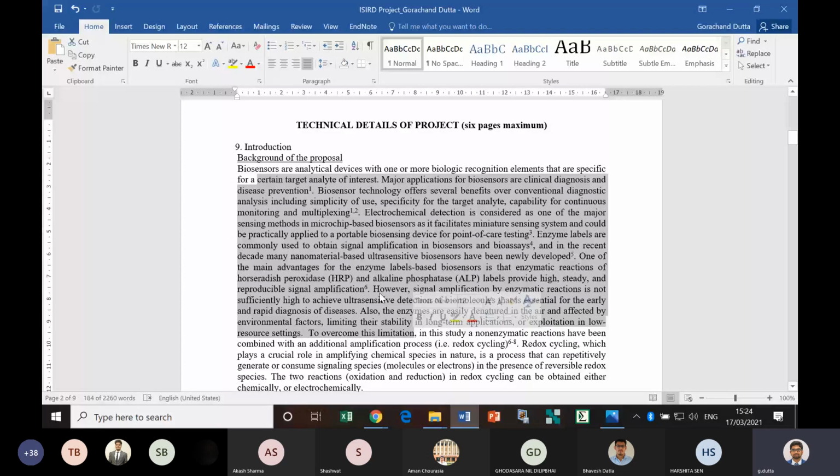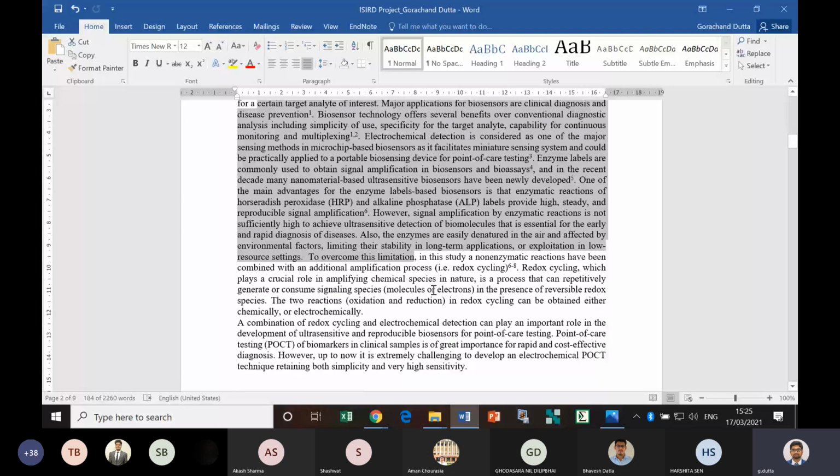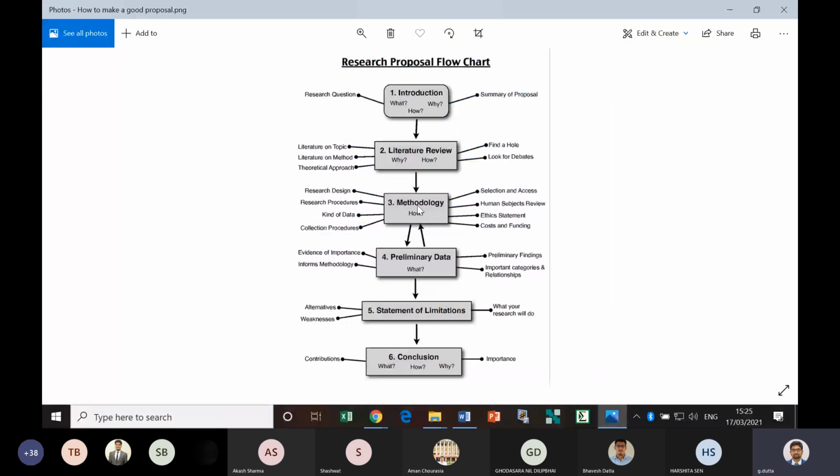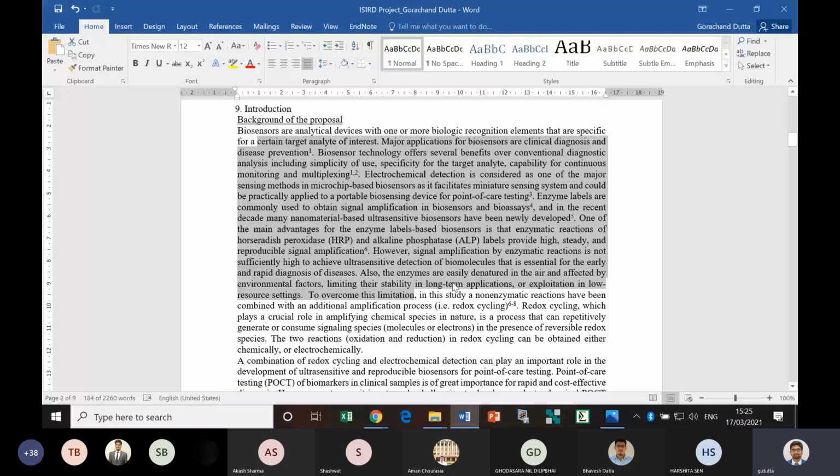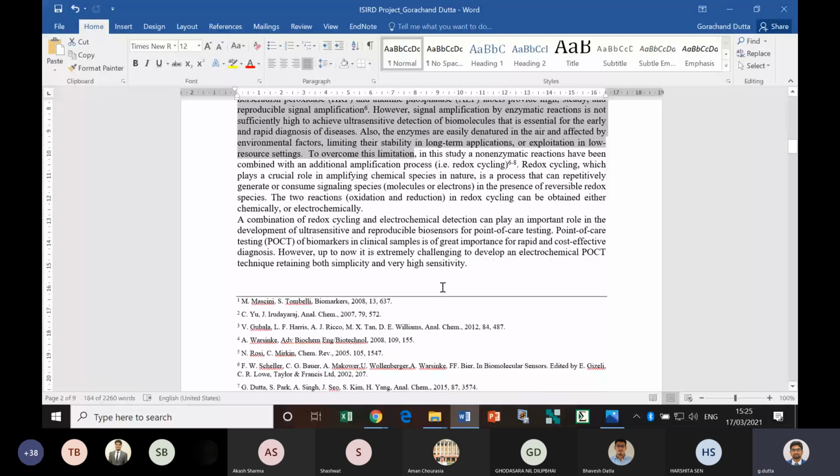I mean, what is the current scenario, how other labs reported their work, and what is the gap in their work, as I mentioned already. That literature review, everything will come in this part. Then you can mention how you can address these challenges.